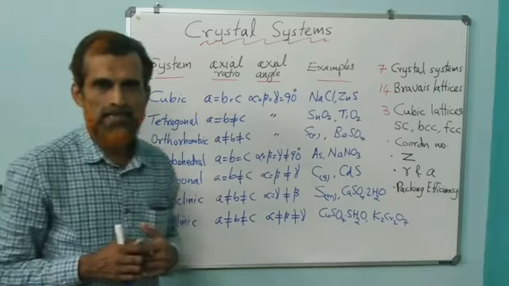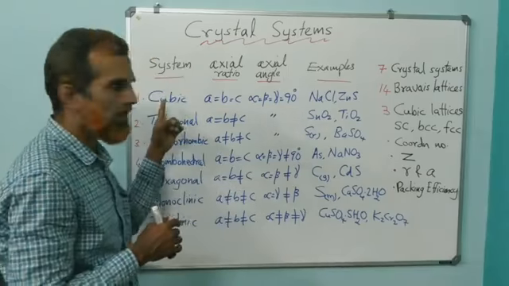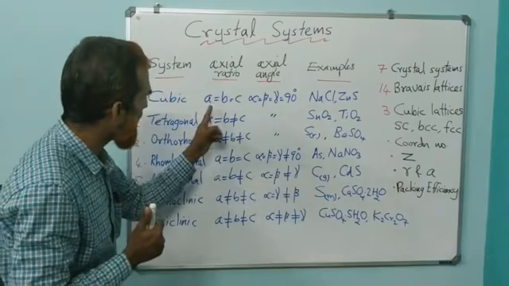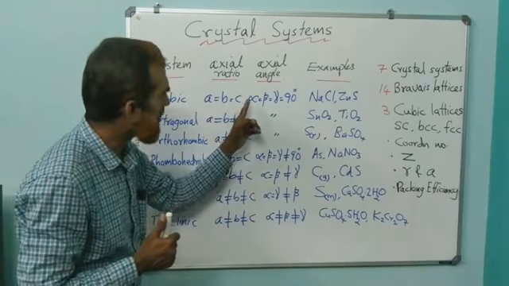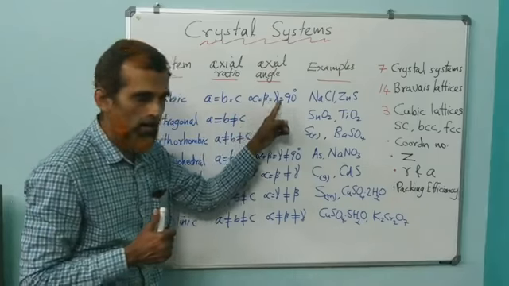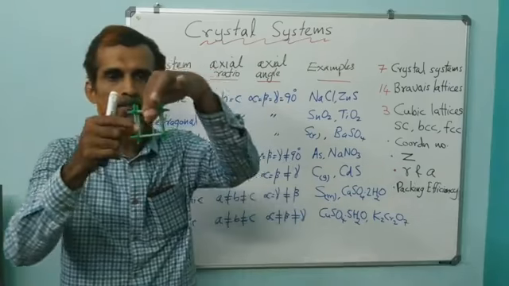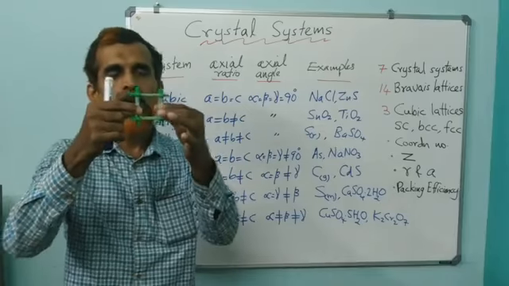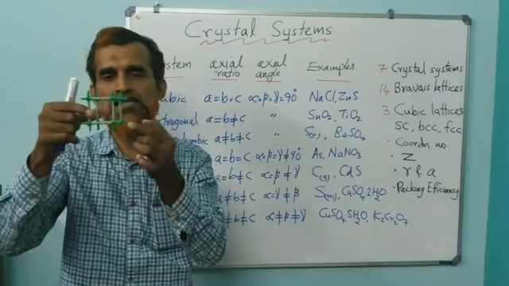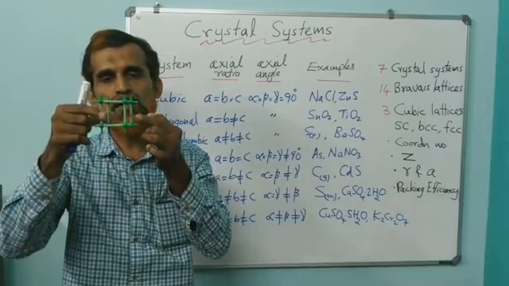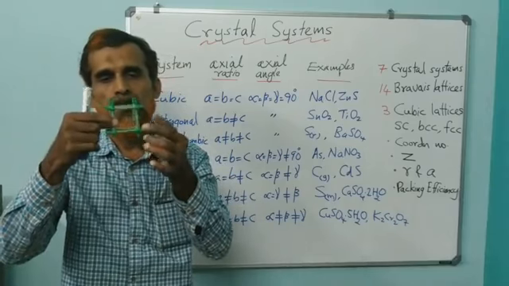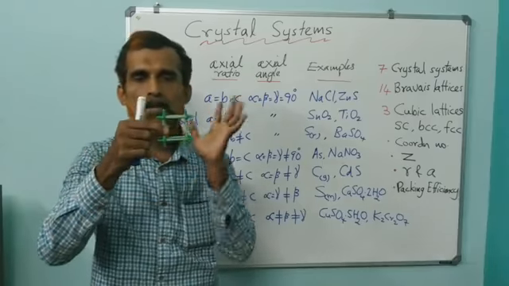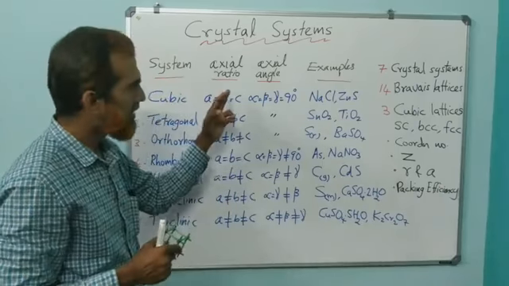Here you can see that the first one, cubic, is the most symmetric crystal system, because a = b = c, alpha = beta = gamma = 90 degrees. This is the model of a cubic crystal system, and you can see all the sides are equal, right? a = b = c, and the angles are all equal to 90.